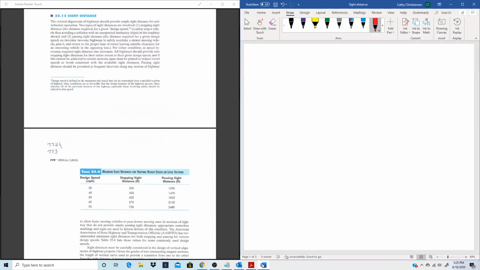Stopping sight distance is the distance required at a given design speed. In other words, if it's 60 feet, they want a sight distance of 570 feet.